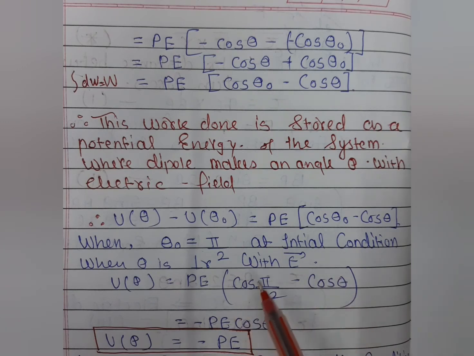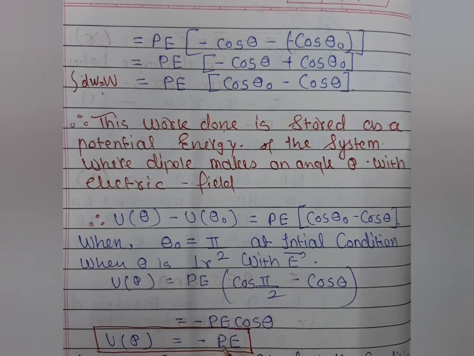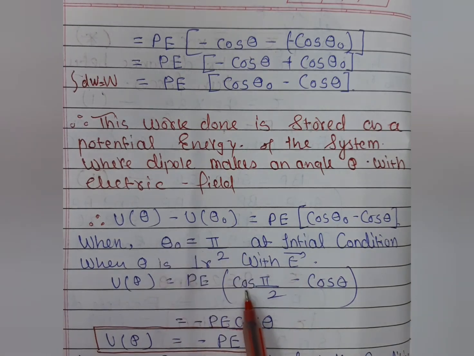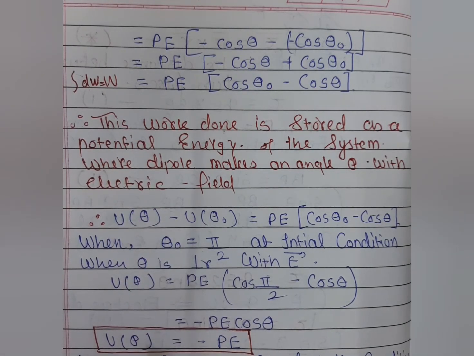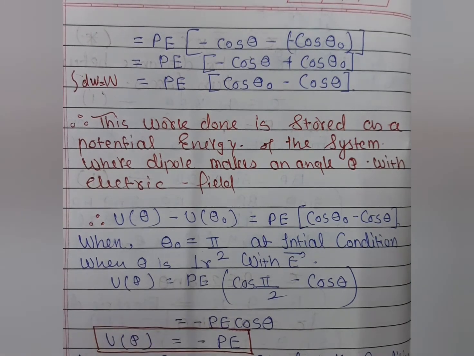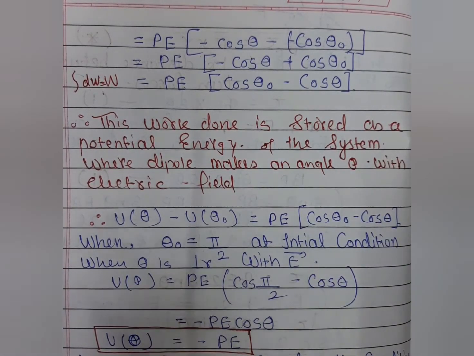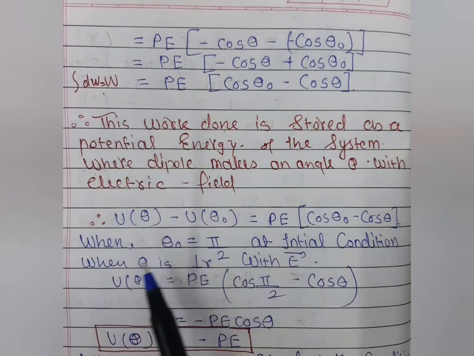So here we get U theta equals minus PE cos theta. So when we have this condition, students, where initially theta naught is pi by 2, we get the potential energy of the dipole as minus PE cos theta, which represents the total displacement of the angle. Clear? So here we have the initial condition, students, when we write the work done in the form of energy.